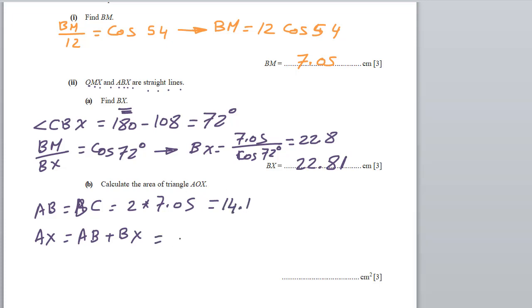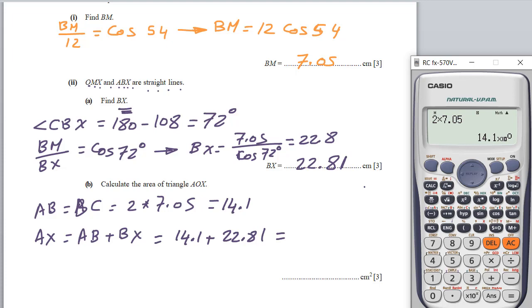So it's equal to 14.1 plus 22.81. So it's equal to 36.91.